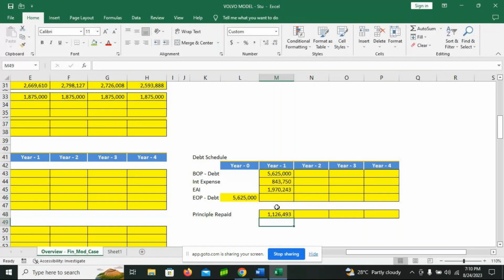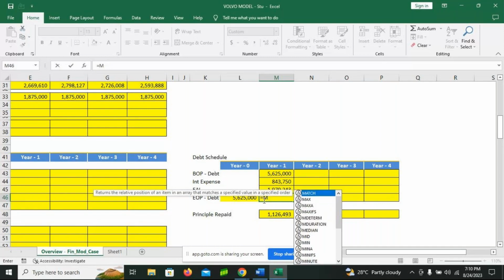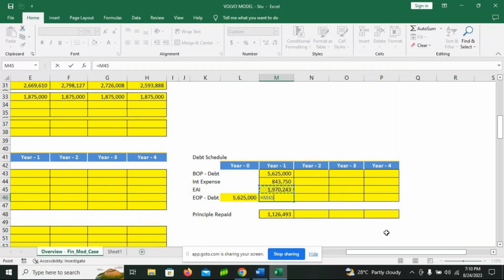So now end of the period equals the beginning loan amount minus the amount that I have repaid.